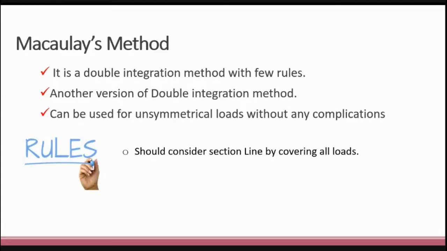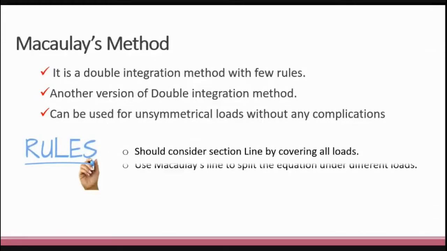But in Macaulay's method, you have to consider the section only after completing all the loads. When I talk about load, it is only the load acting on the top side, not the reaction. Reactions should not be considered. That is important. That is the first rule.